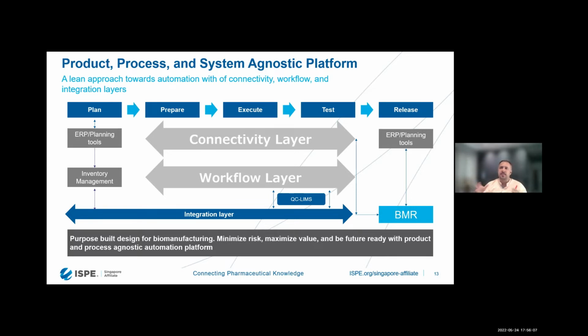This is the place where you have to manage multiple vendors coming up with, for example, an automation solution, a LIMS solution, some ERP solutions, some analytic solutions. This is also the layer where you have your entire workflow. Your batch won't run just by digitization.